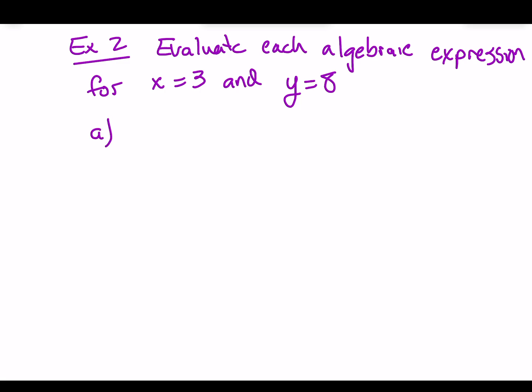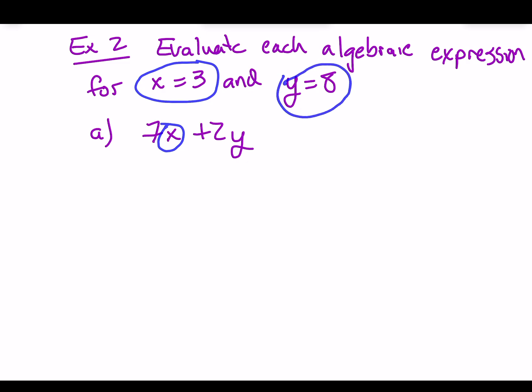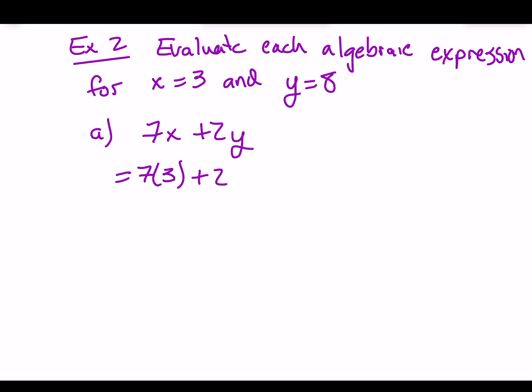So for our first part, if we have 7x plus 2y, we can substitute x equals 3 everywhere we see an x, and y equals 8 everywhere we see a y. So we plug in 3 for x and an 8 for y. And then we can perform the multiplications from left to right. 7 times 3 is 21. 2 times 8 is 16. 21 plus 16 is 37.